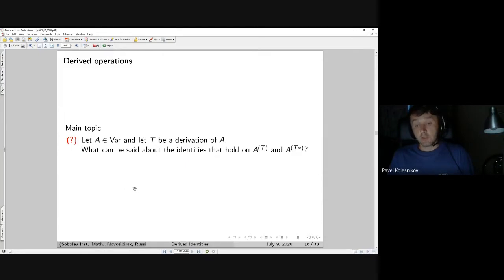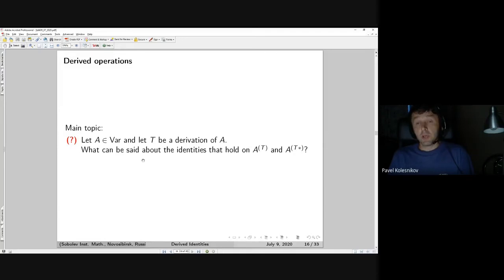But as you may remember, Rota-Baxter operators present a formalization of integration. What if we replace the integration with a derivation? This is a very natural thing, because derivation is also a very important thing in algebra.